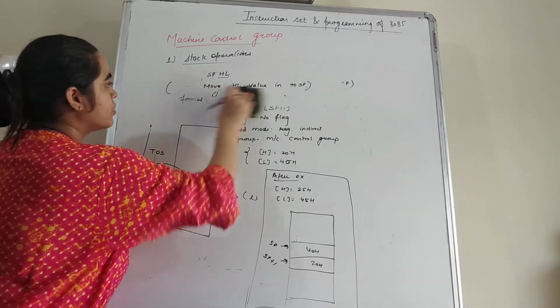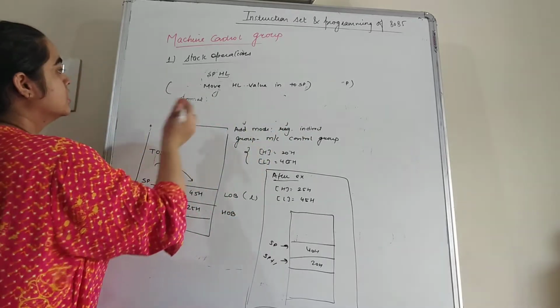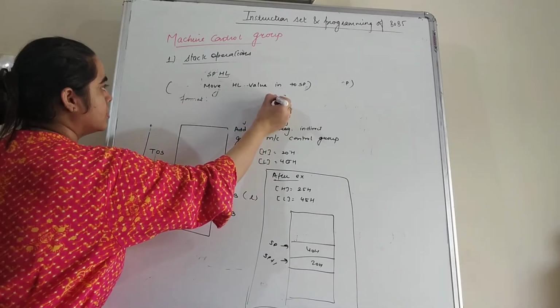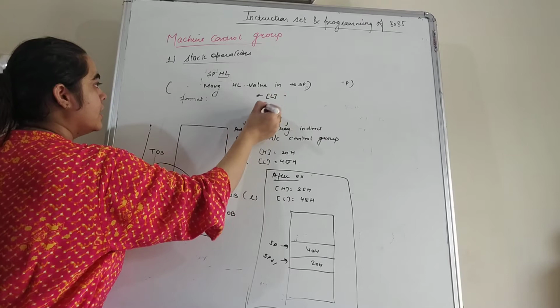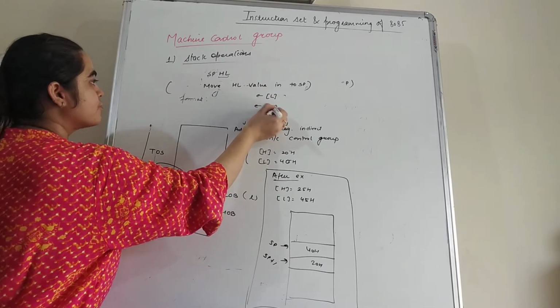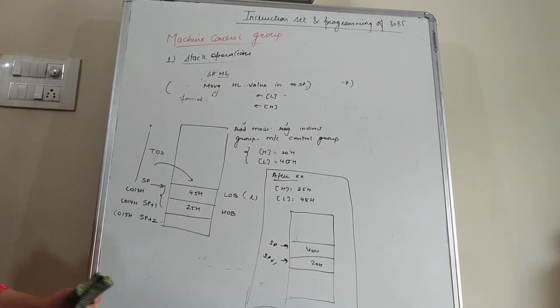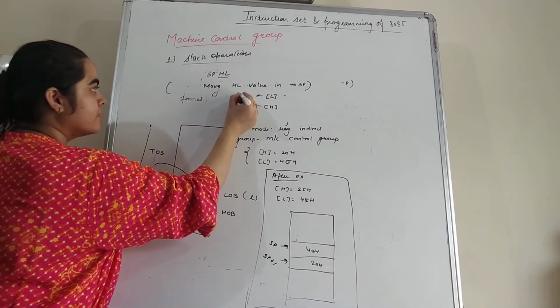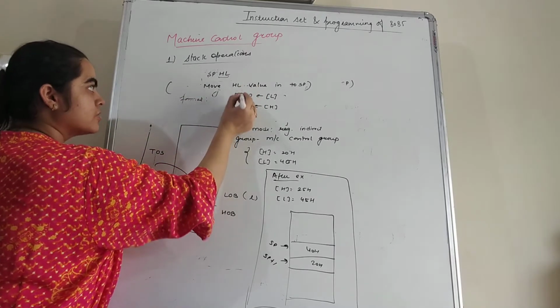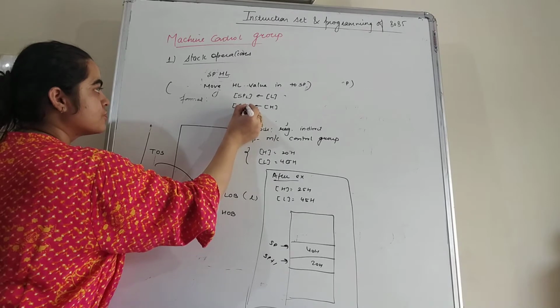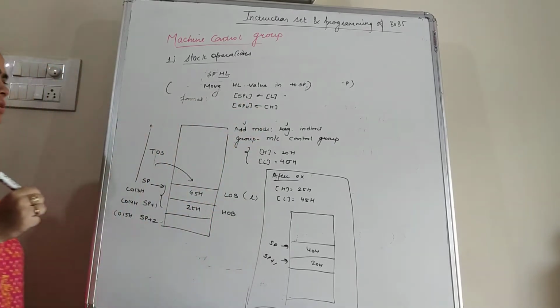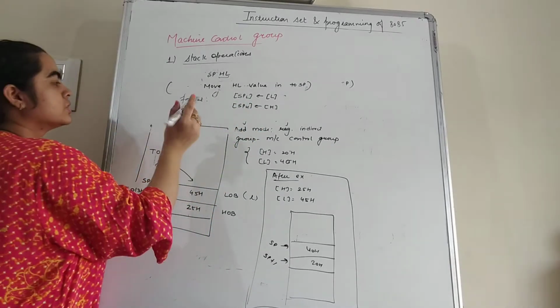The format of this instruction is that the value of L and the value of H will be moved to SP. The value of L goes to the lower order byte of the stack pointer and the value of H goes to the higher order byte of the stack pointer. So this is the format.